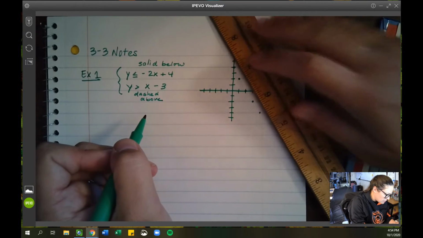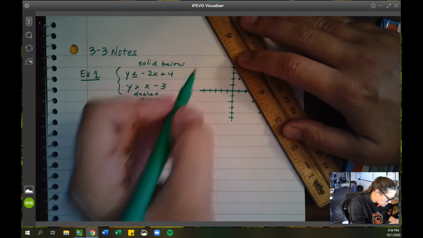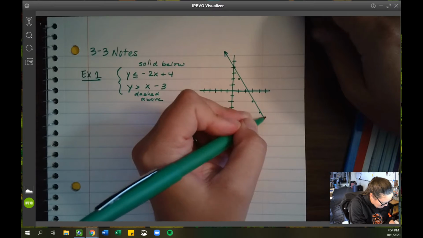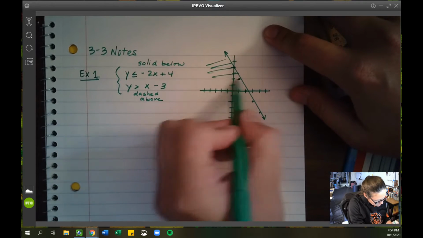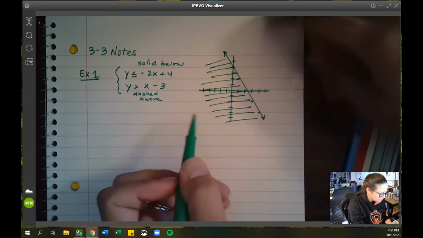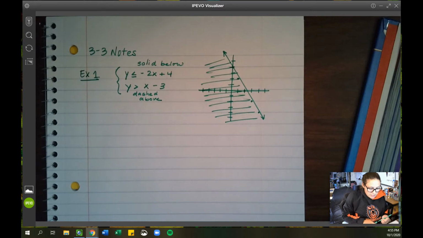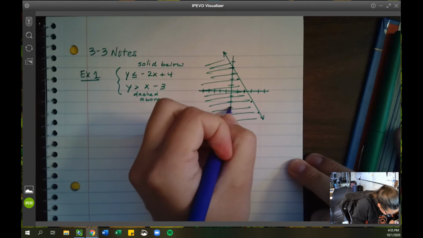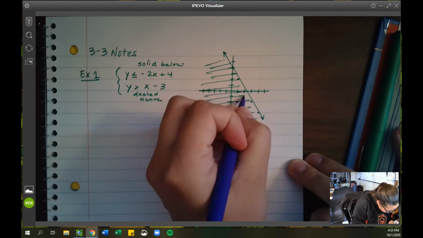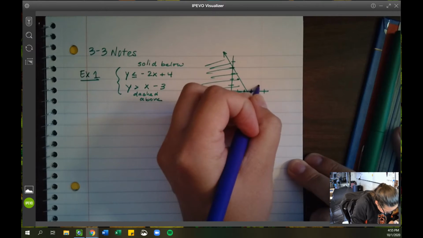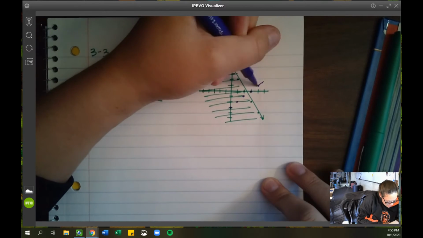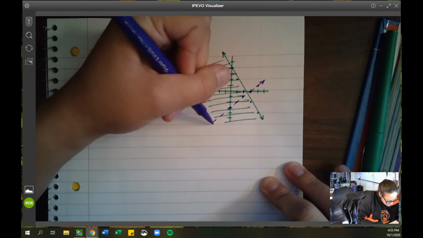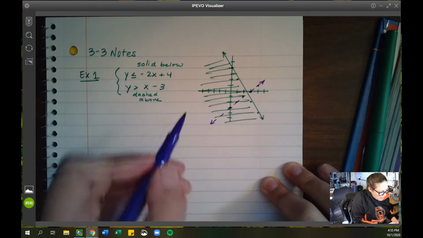Okay, so I'm going to draw a solid line here. And I'm going to shade below it. And now I'll use a different color for my other line. X minus 3, start at negative 3, and we're going to go up 1 over 1. And it's just a dashed line. And I'm going to shade above.